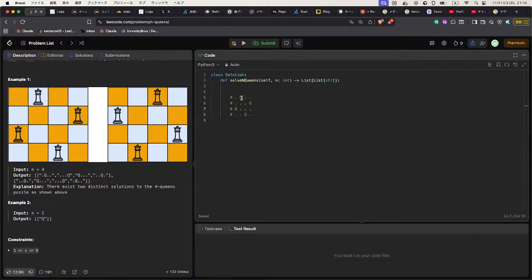We can use absolute value, so 1, 1, 1, 1. Okay, so if they are the same, it means the place is on the diagonal line, so we cannot place the queens on it, right?